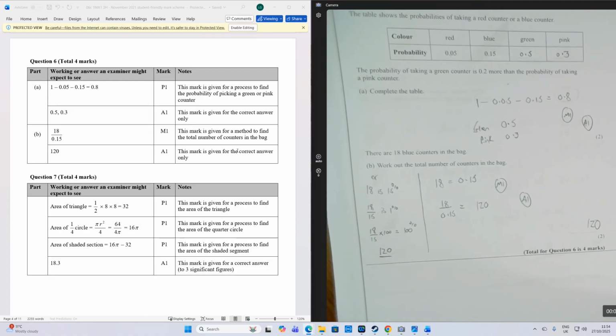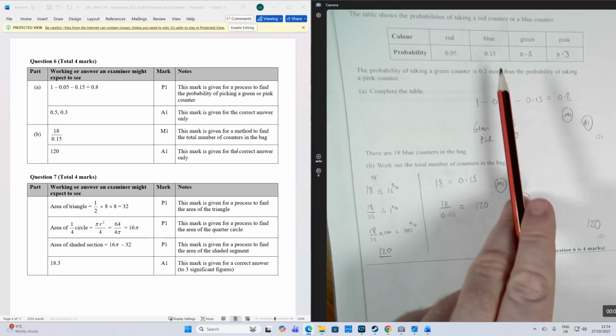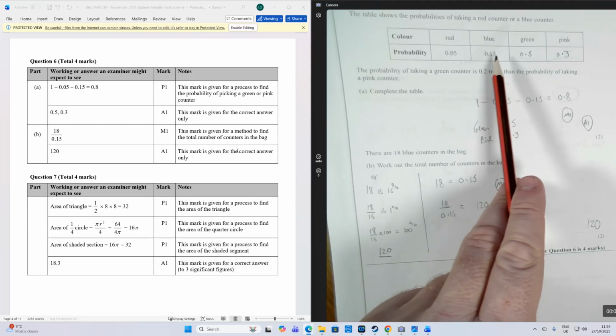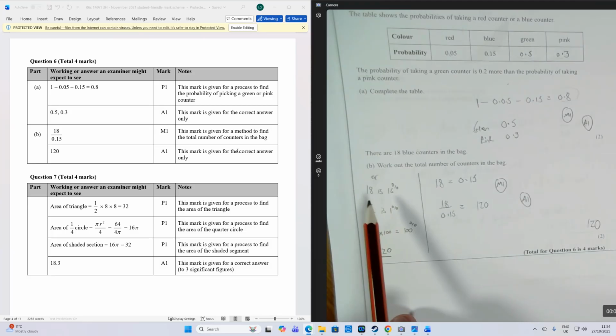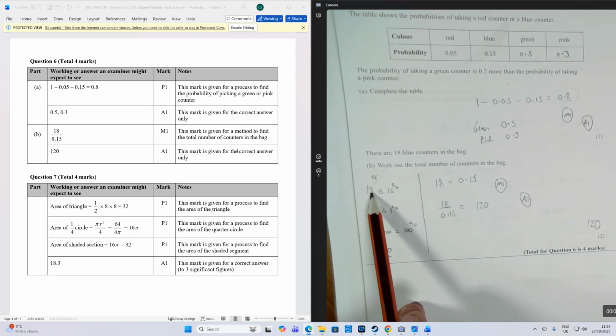Now, it says there are 18 blue counters in the bag. Work out the total number of counters that are in the bag altogether. Now, if there are 18, notice the probability of blue is 0.15, which corresponds to 15%. So what we're saying is that 15% of the total number of counters in the bag is 18.